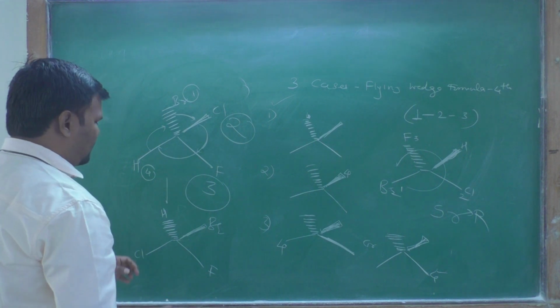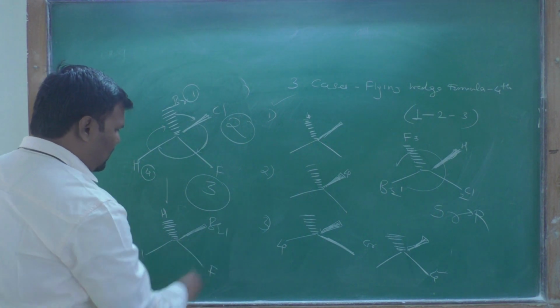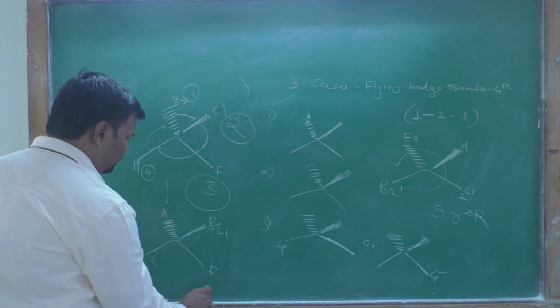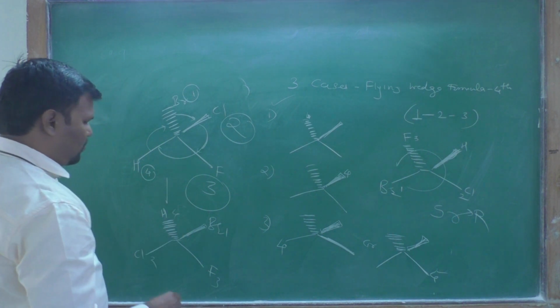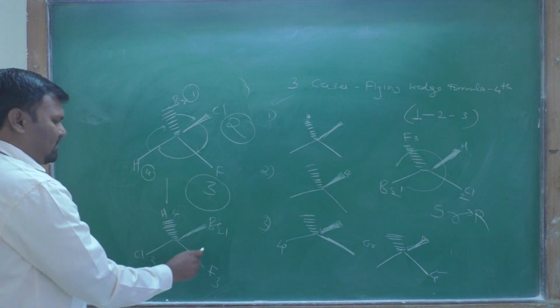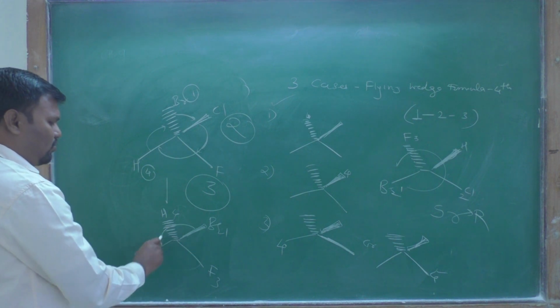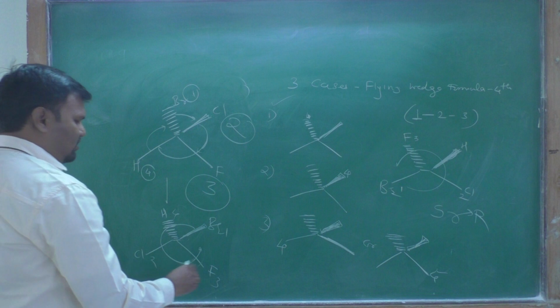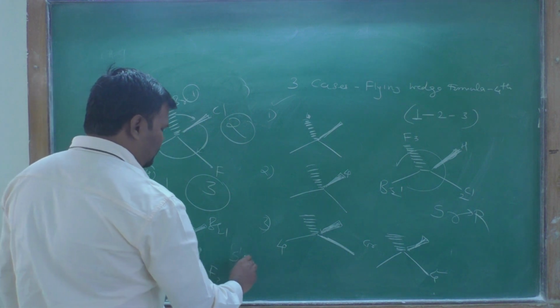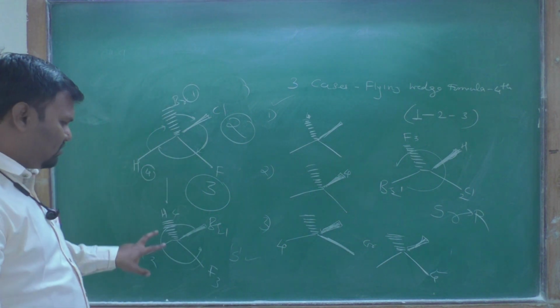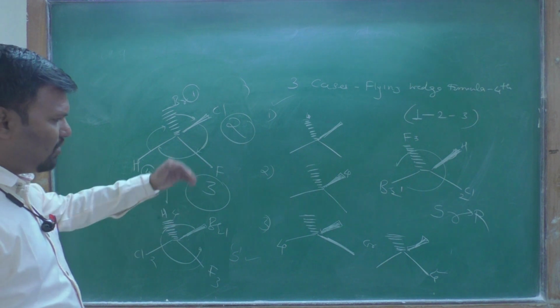Therefore it's number 1, number 2, number 3, and the 4. Your rotation should be 1, 2, and 3. Yes, the rotation is as it is, because your fourth priority group is away from the observer.